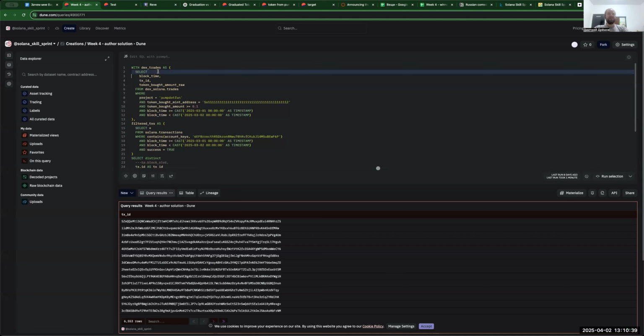So let's go with this query to the DEX Solana trades, because on pump.fun all the transactions are just swaps. So if the transaction is depleting this liquidity, it's here.